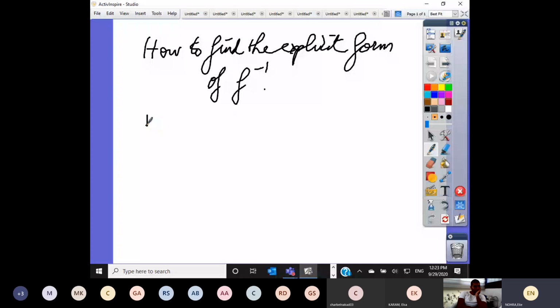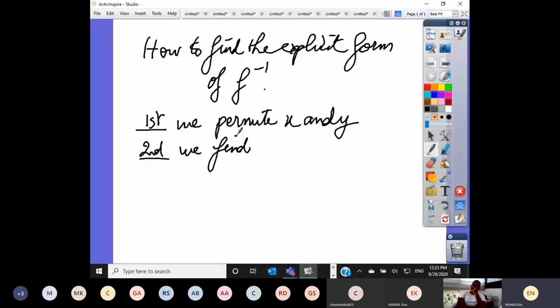First step, we permute x and y. Second step, we find y in terms of x. I'm going to explain it with something that we agreed on. For example, f of x equals 2x, meaning y equals 2x.